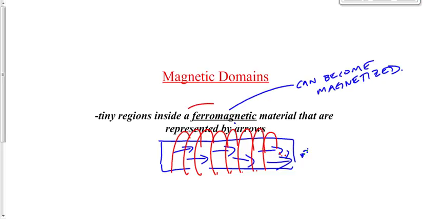By the way, before I flip the page, let's go to that word again. Ferromagnetic. Where have you seen the term ferro before? I'll give you a hint. Sometimes you see ferro abbreviated Fe. Where have you seen the term ferro before?